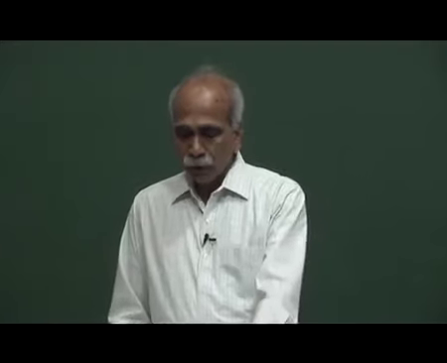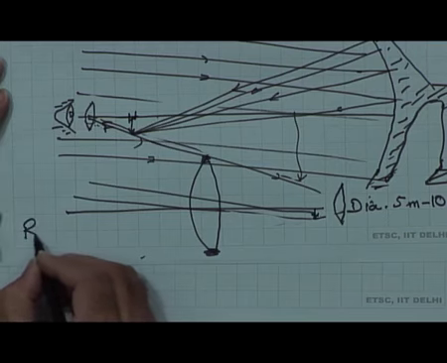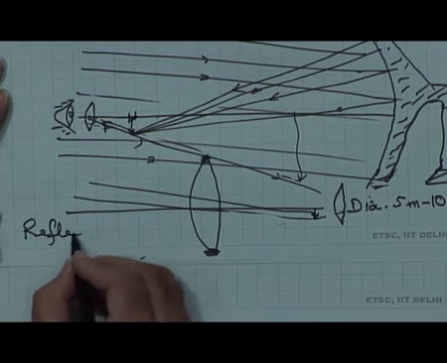For example, one of the configurations which is used. So, before I proceed, this kind of a telescope is called a reflecting telescope.